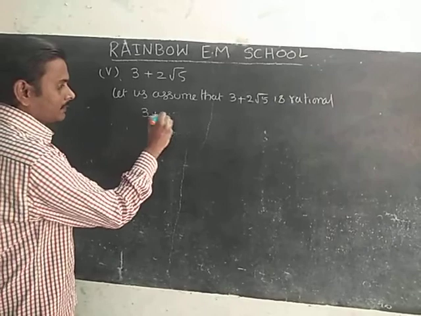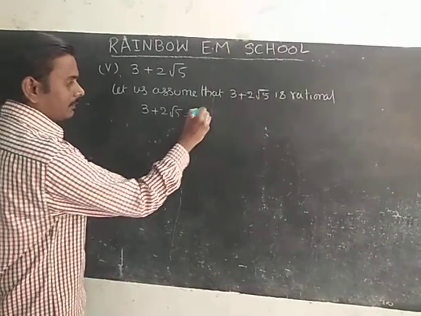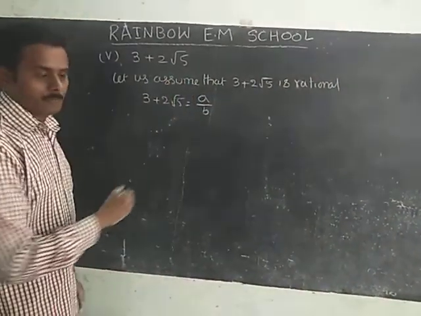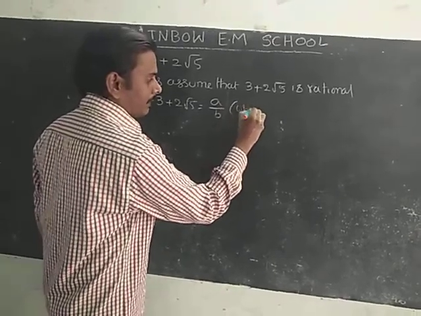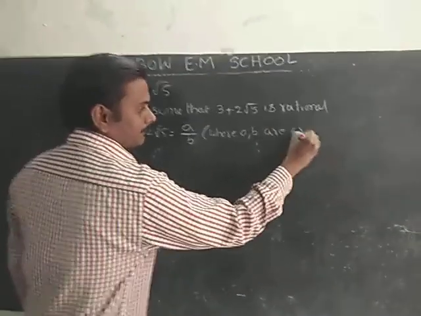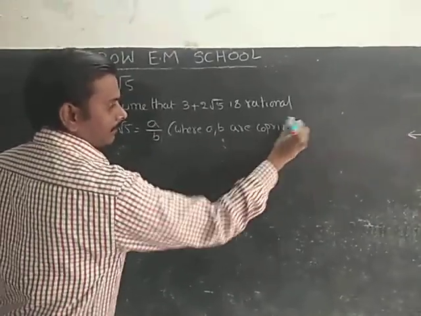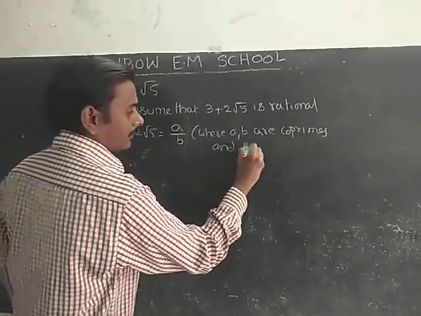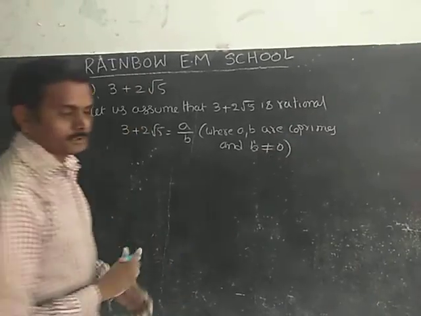Rational means 3 plus 2 root 5 equals a by b, where a, b are co-primes and b is not equal to 0.